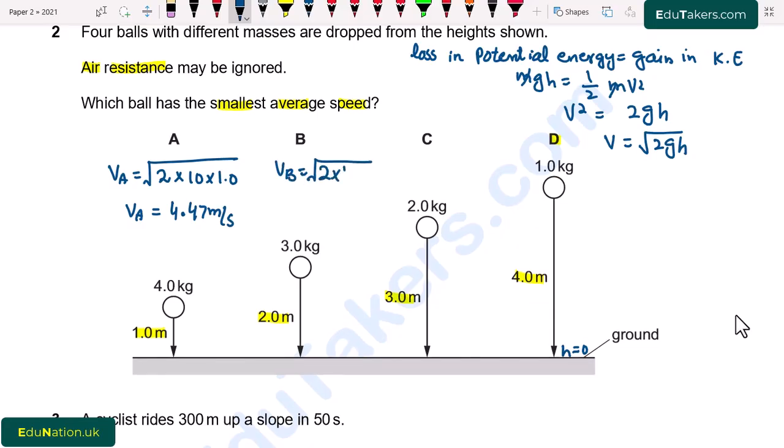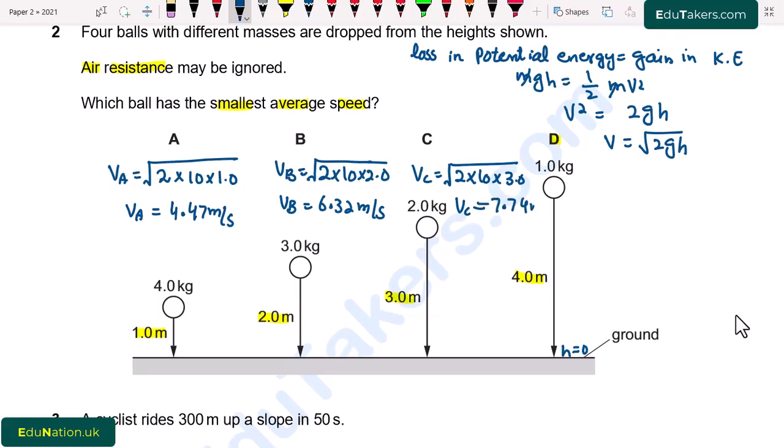For ball B, VB is equal to square root of 2 multiplied by 10 and height is 2.0. So the value of VB will be equal to 6.32 meter per second.